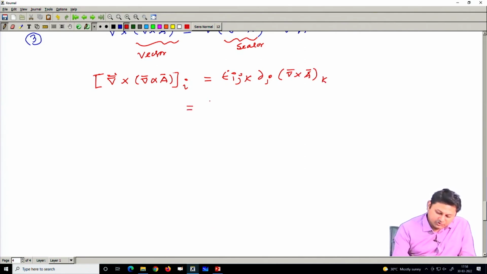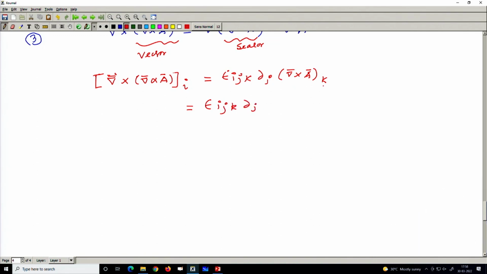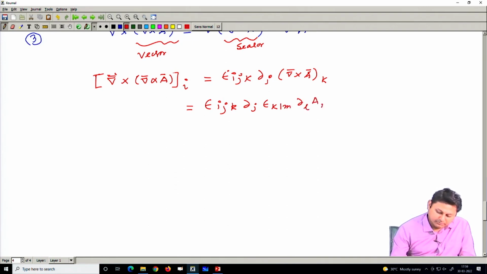If I elaborate, it should be epsilon i j k del j, and the kth component of curl A is epsilon k l m del l A m.